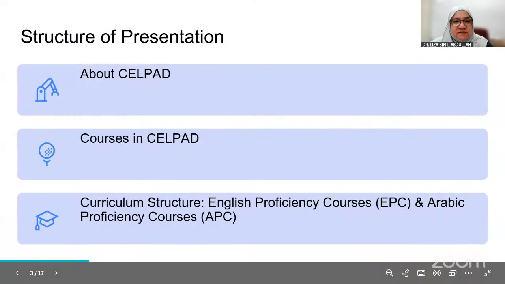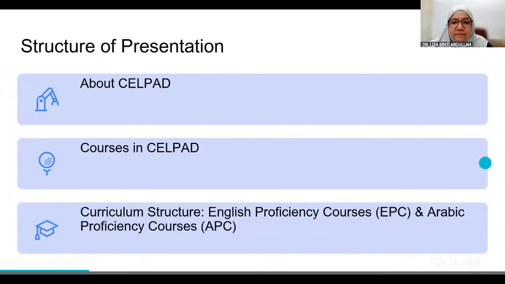So the structure of the presentation today, first I'll be talking about CELPAD itself. And alamak, hang on, where is it now? It's missing. Okay, what did I press? I'm sorry. Let me do it again.